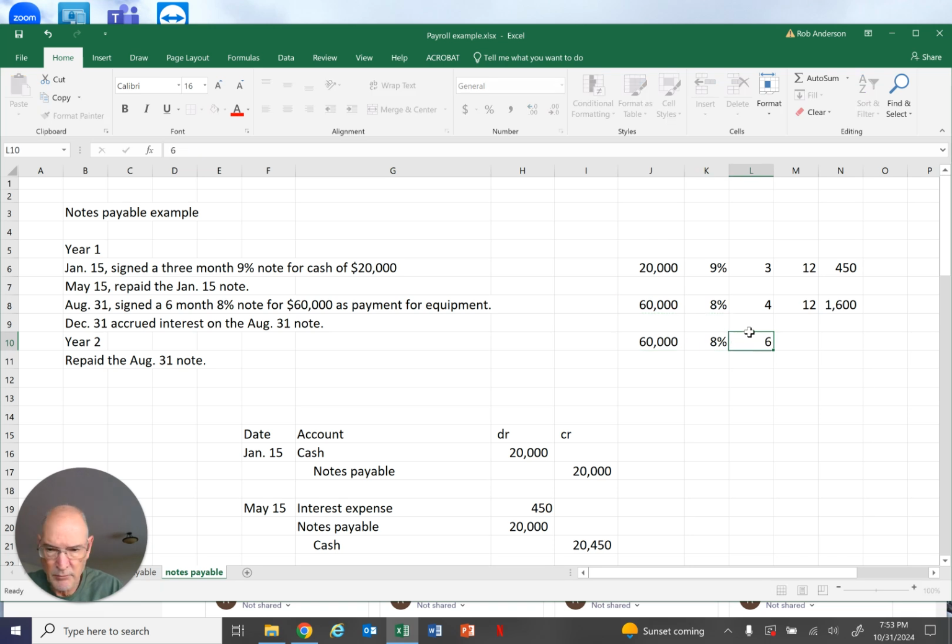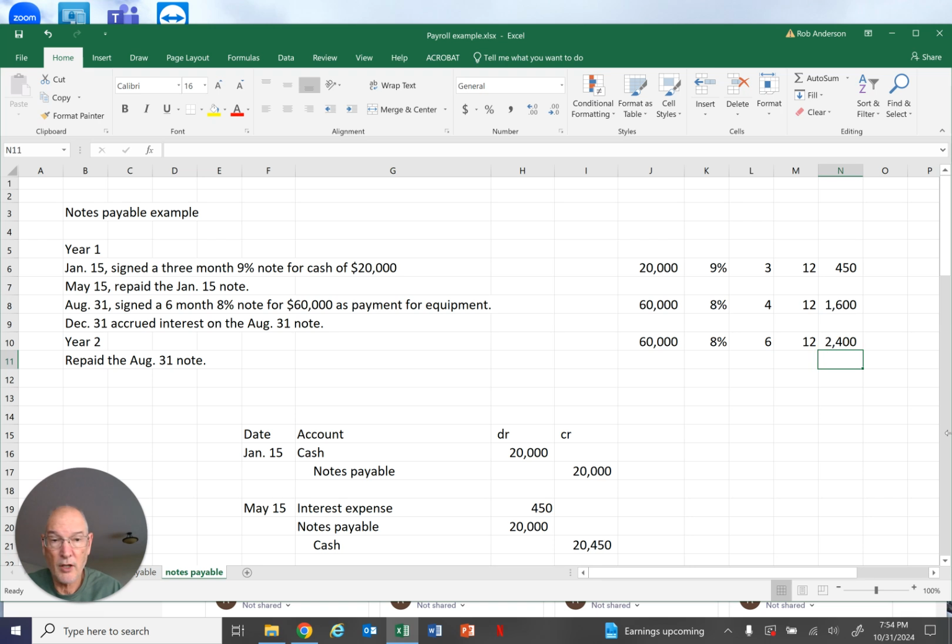Here's 6 months out of 12. So there's our 6-month note. And let's copy that down. What we copied there, of course, was 60,000 times 8% times 6 divided by 12. So this is 2,400, and that is the full amount of interest on the note.